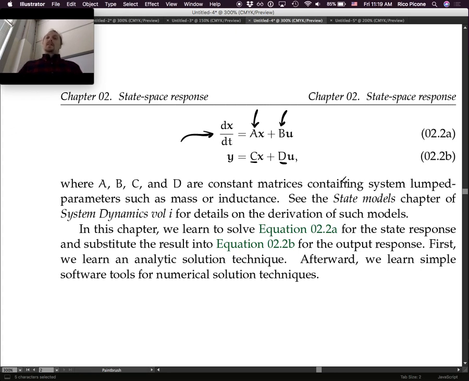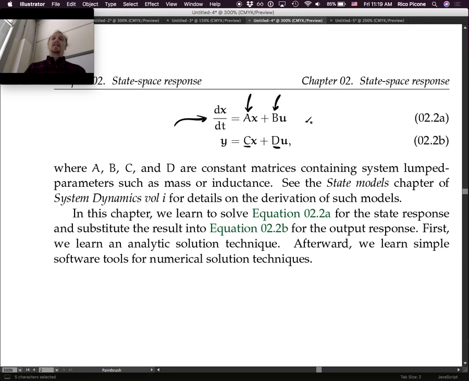So in this chapter, we learn to solve 2.2a for the state response. So like before, we'll solve this version, not the nonlinear one. We'll solve 2.2a for the state response, x, and substitute the result into equation 2.2b, so the output equation, for the output response. First, we learn an analytic solution technique today, and then afterward, after some more analysis, we'll learn some simple software tools for numerical solution techniques.